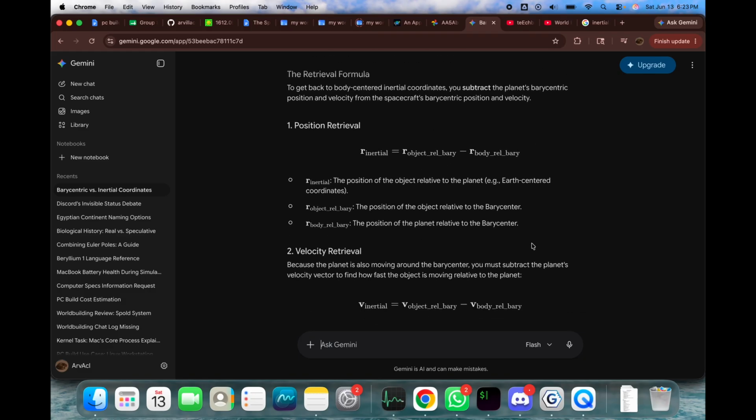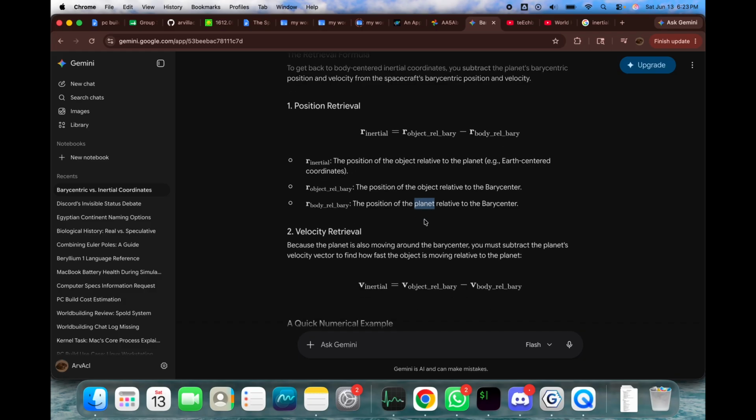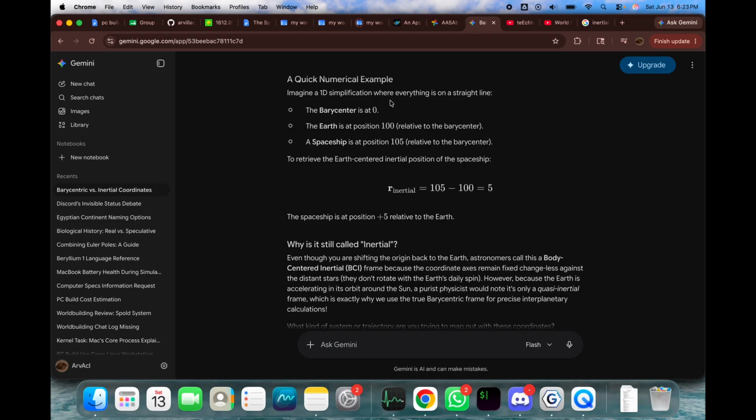Okay, so R is inertial, the position of the object relative to the barycenter. The object is the planet relative to the barycenter. So the barycenter is at 0, the Earth at position 100, and the spaceship's at 105.